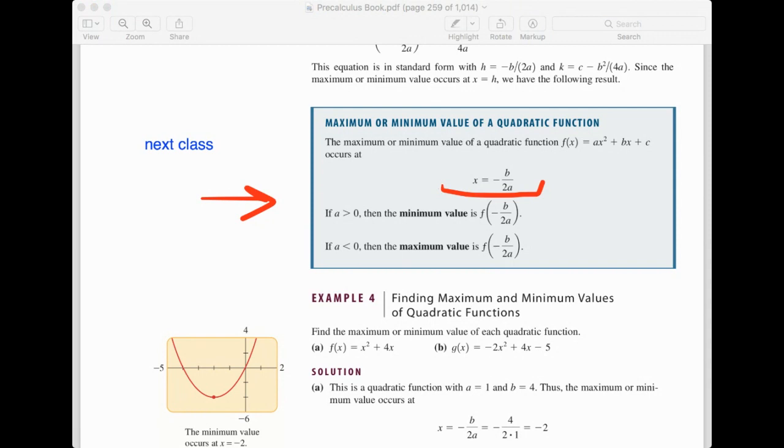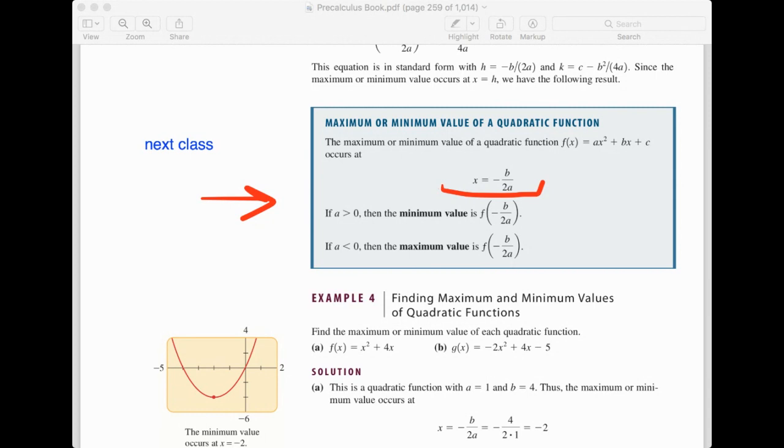So our goal is to know quadratic functions, which means a quadratic function can be represented as a graph, as an equation, like f of x equals 2x squared minus x plus 1, right?